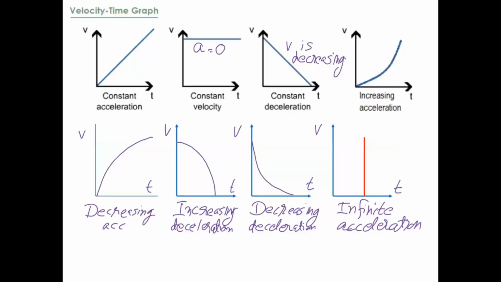Now we have made the main sketches. Velocity time graphs are constant acceleration, constant velocity, constant deceleration, increasing acceleration, decreasing acceleration. These terminologies we have already discussed.